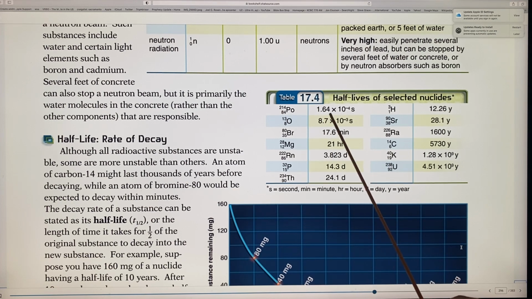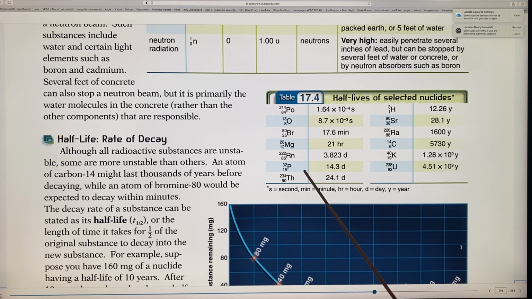This one here is 1.64 times 10 to the negative fourth seconds. Here we have oxygen with 8.7 times 10 to the negative 3 seconds. Bromine is in minutes. Magnesium, 21 hours half-life. Radon is 3.823 days, so about 3 days half-life.